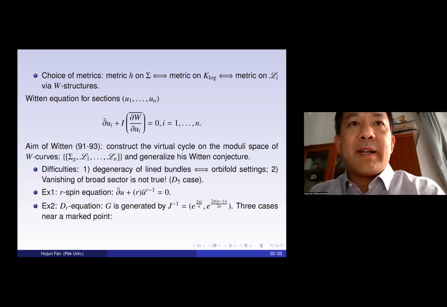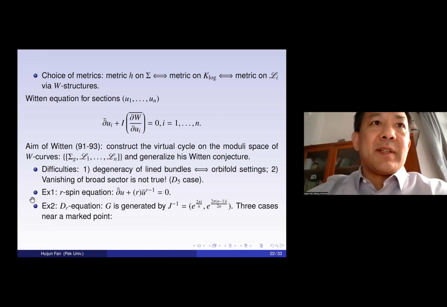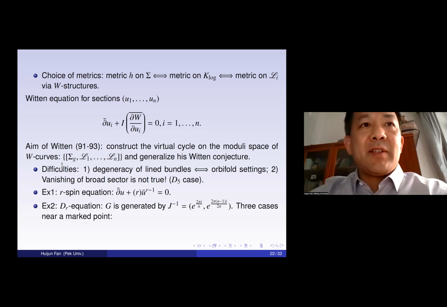And if one considers the more general case, for example the ADE case, then we get a more generalized moduli space consisting of the W structures, and the intersection numbers of this moduli space should be related to some other integrable hierarchies. He conjectured that they should be related to the so-called Drinfeld-Sokolov hierarchies.